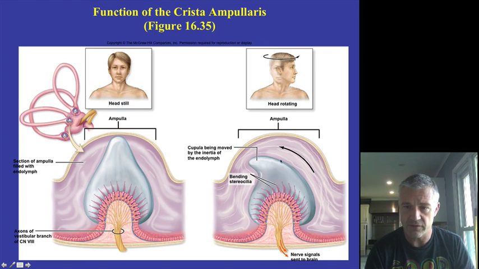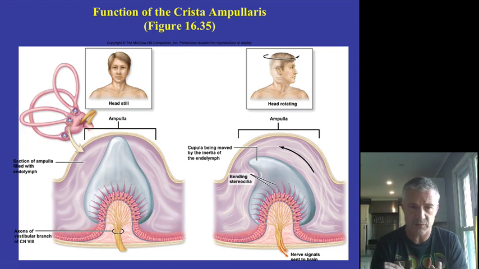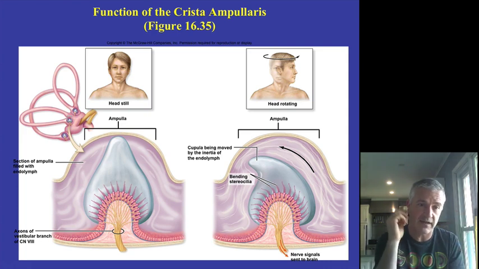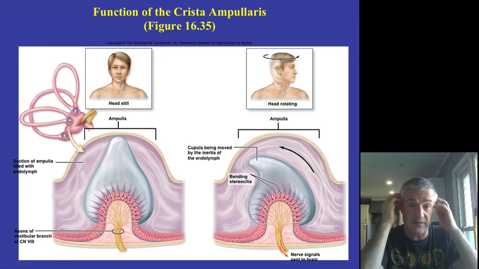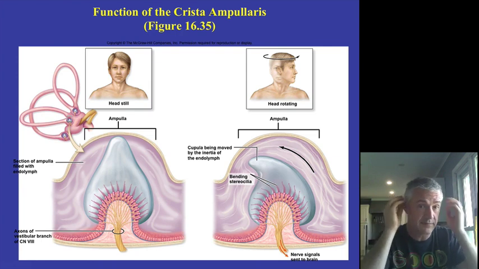That increases the firing pattern and says we're rotating in this particular direction. If you rotate in the opposite direction, you get stimulation on one side and inhibition on the other, and that says which way you're rotating, because we have semicircular canals on both sides of the head.